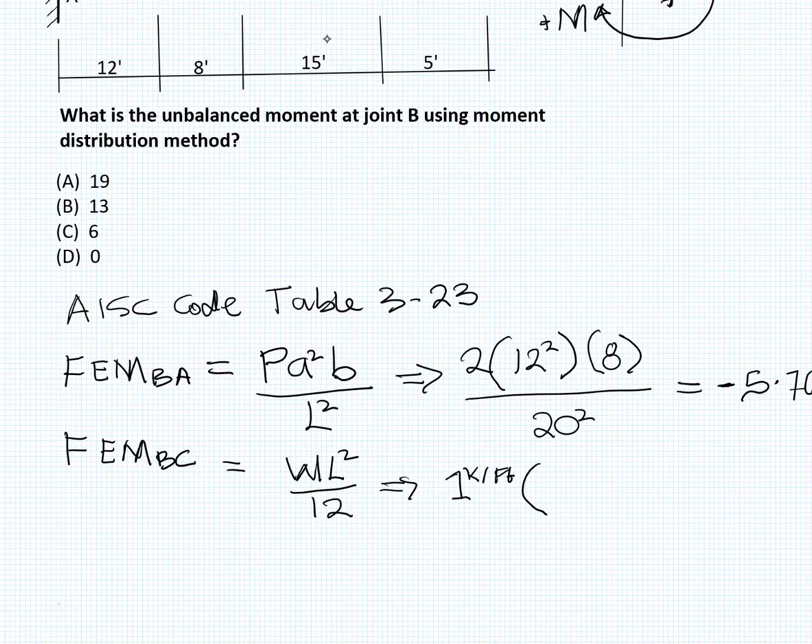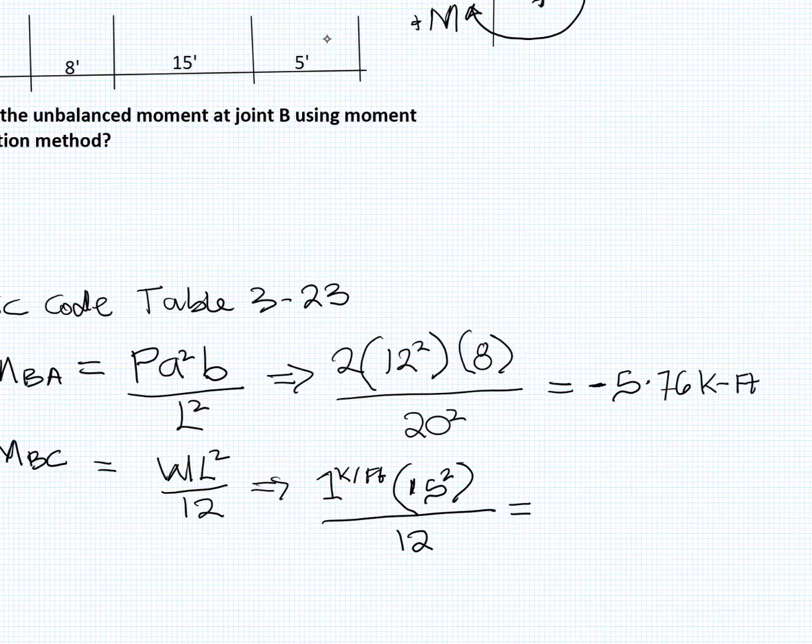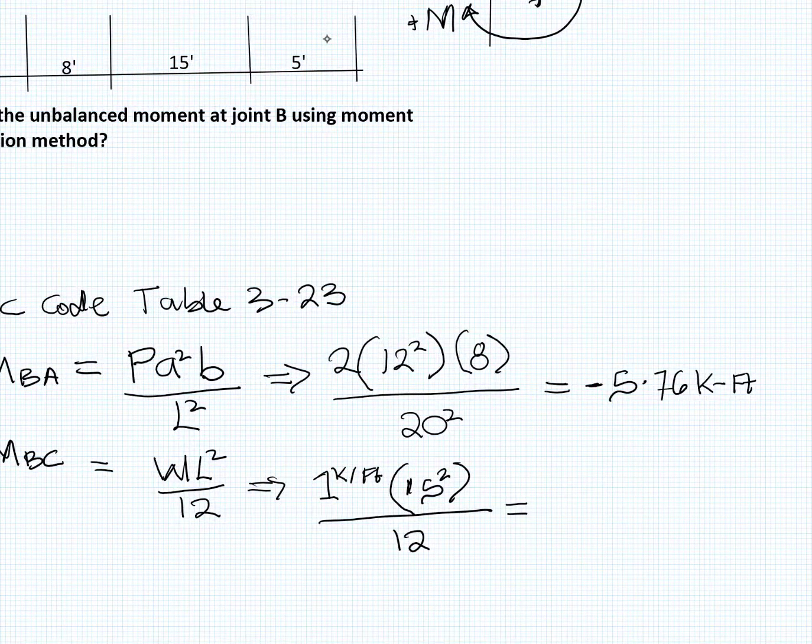That distributed load covers a 15 feet length, and that 15 feet is squared. Then you divide by 12. If you solve it using the calculator, you should have 18.75 kip feet.